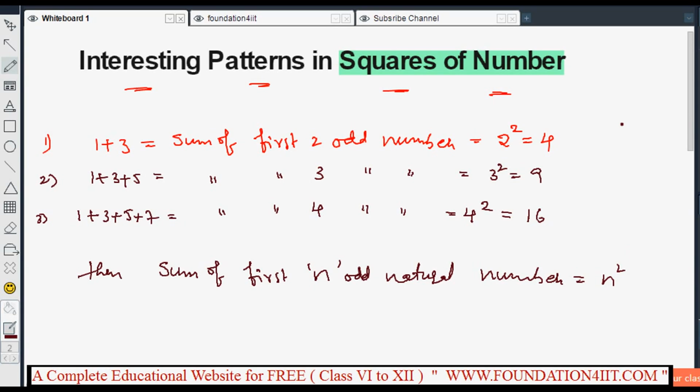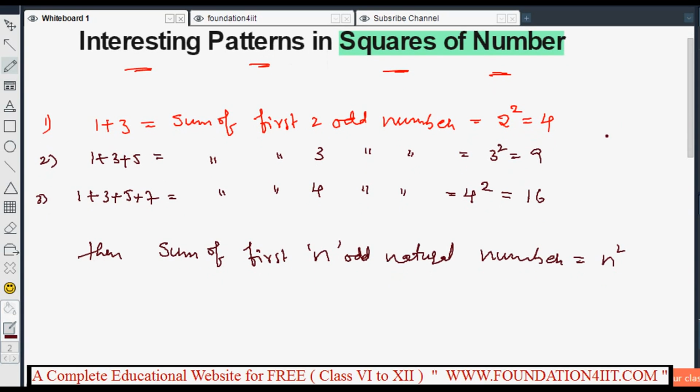So there is no need to count all the odd numbers again. Based on this we can write an example like this.